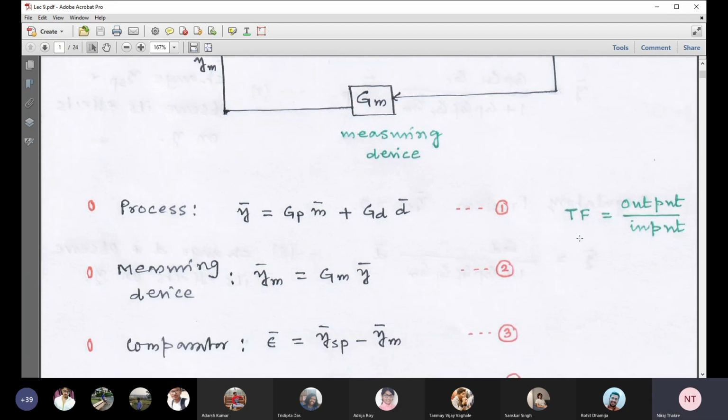Now come to the comparator. The comparator output is epsilon. On the input side, there are two variables: the set point and ym. Basically, it subtracts ym from the set point value.